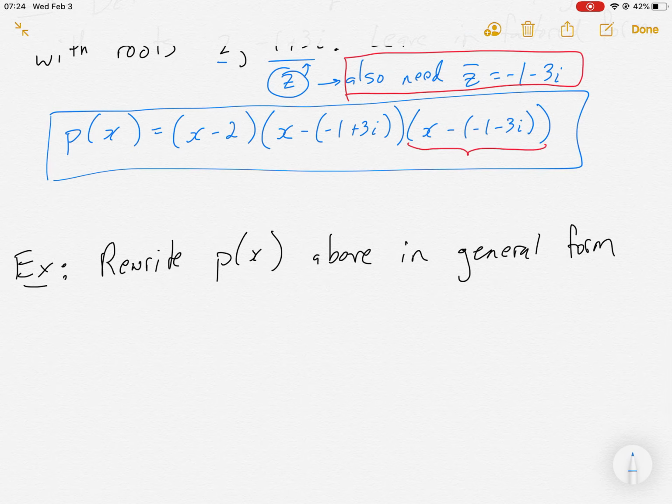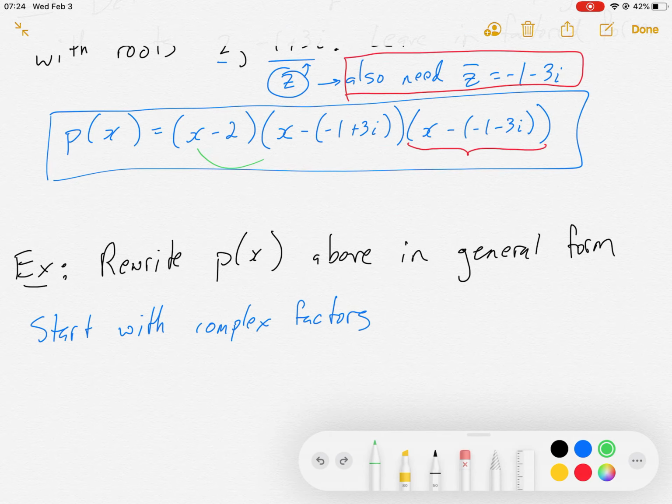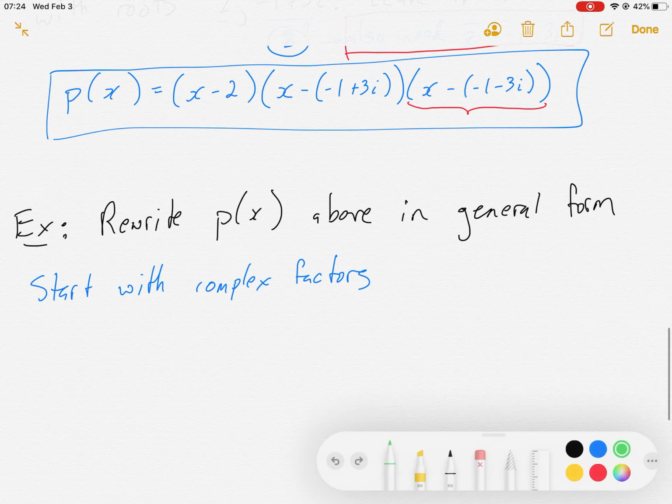I'm going to show you a way that we can use the structure of complex numbers to help us out. So I always start with the complex factors. Now keep in mind, if we're rewriting it, we really have to distribute everything, right? So we have to multiply and then multiply some more until we end up with the correct format.